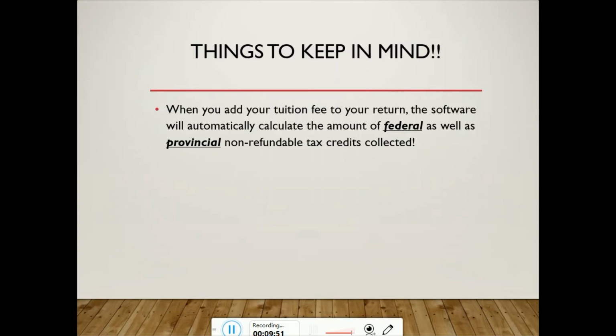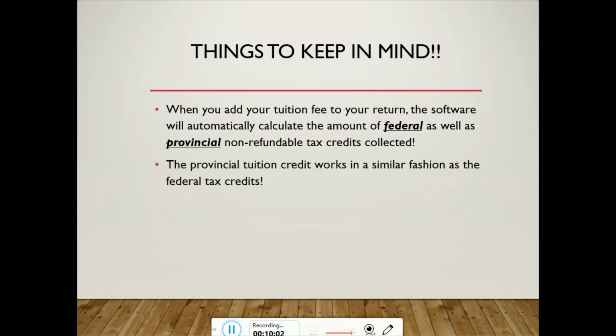So when the software automatically uses your tuition credits, it uses them accordingly to lower your taxable income federally as well as provincially. The provincial tuition credit works in a similar fashion as the federal tax credits. The amount may be a bit different because the rates are different.